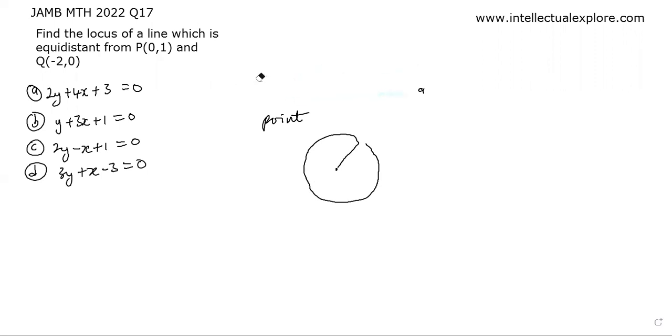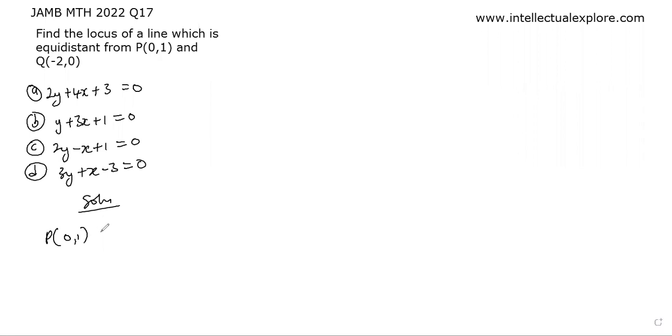So now we are being given 2 points. The first point is point P, which is (0, 1), in which here we can say that our x1 equals 0, our y1 equals 1. Find the locus of a line which is equidistant from these 2 points.